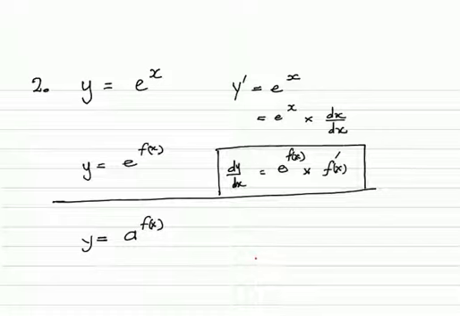Because this a is different from the natural base, we might like to use another method to arrive at the derivative of this function. Let's say we want y prime.